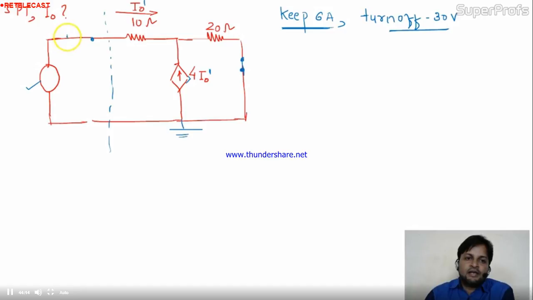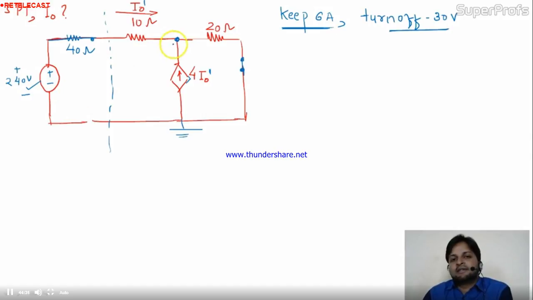See, I just replaced the current source by an equivalent voltage source. The value of this is 40 ohm, already given, and the value of this is 240 volt. Is it okay? Now simply I have to apply the nodal analysis here.